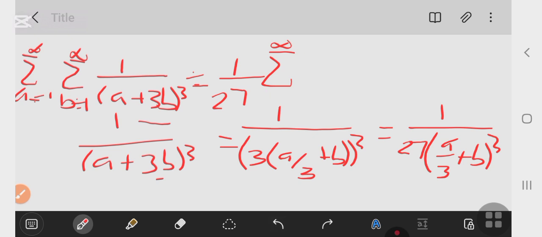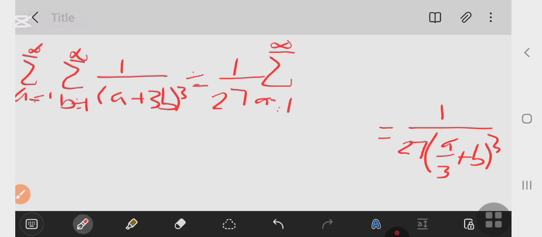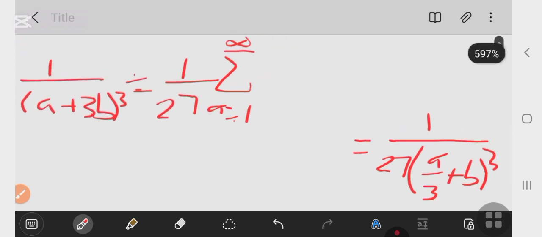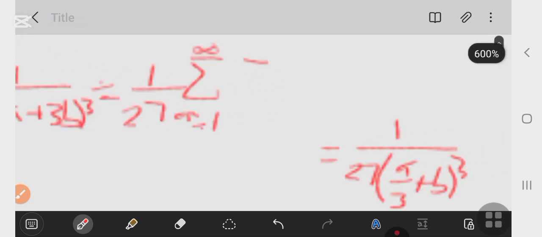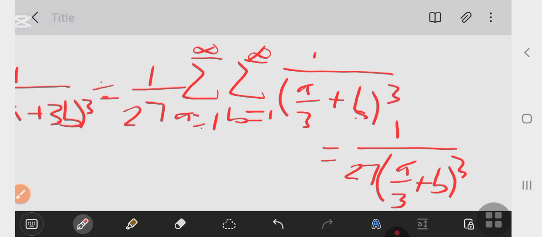So the first starts from a equals 1, then the other one b equals 1. Okay, now let me write this here. 1 over a over 3 plus b cubed.